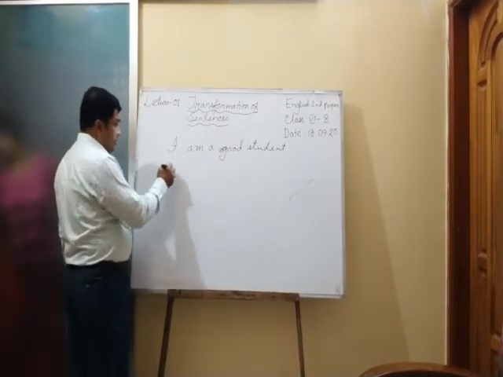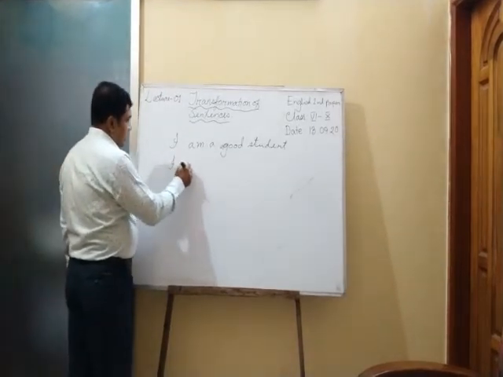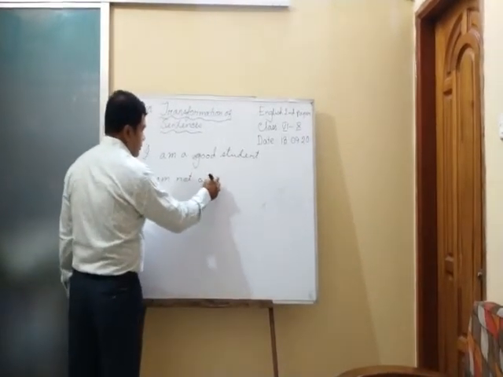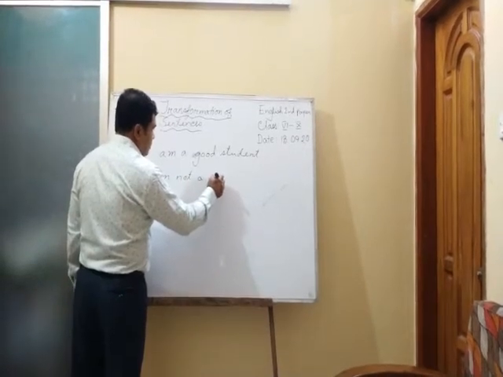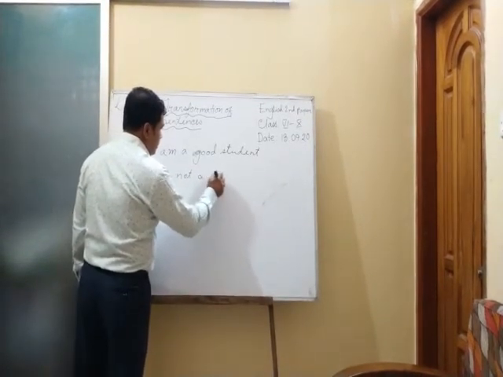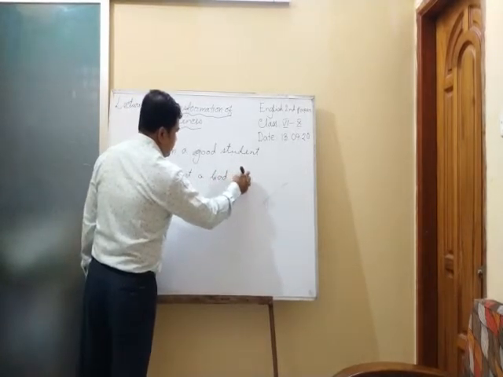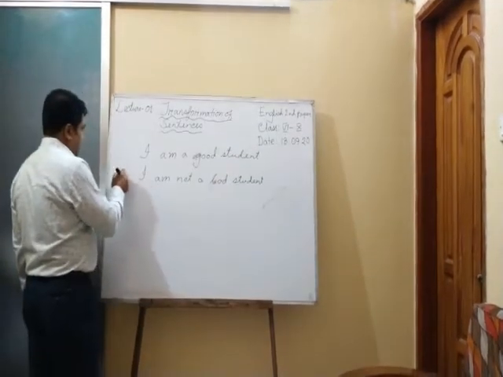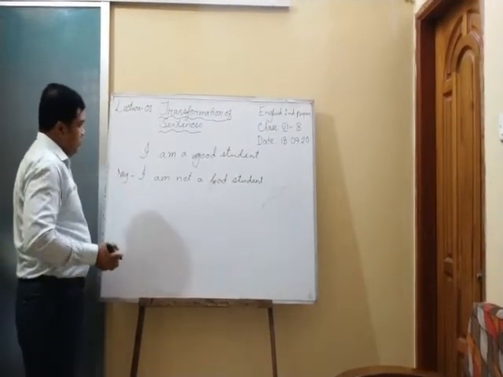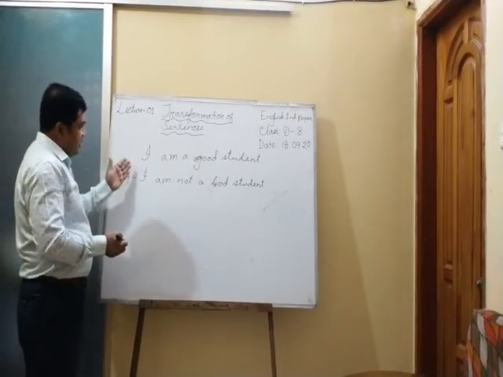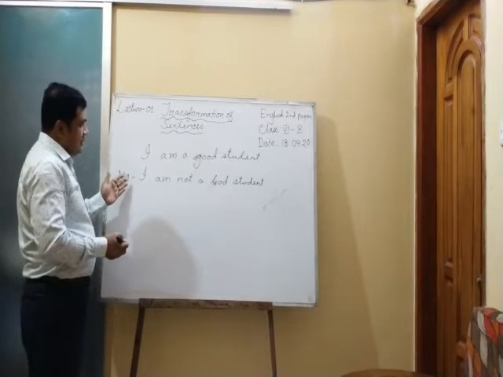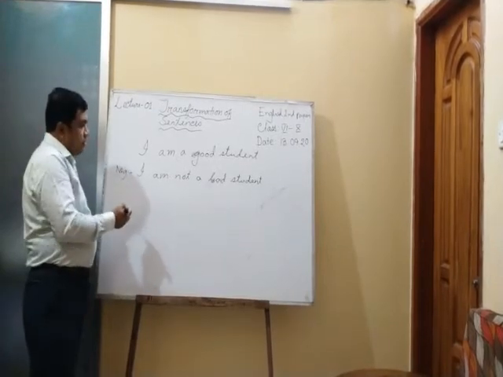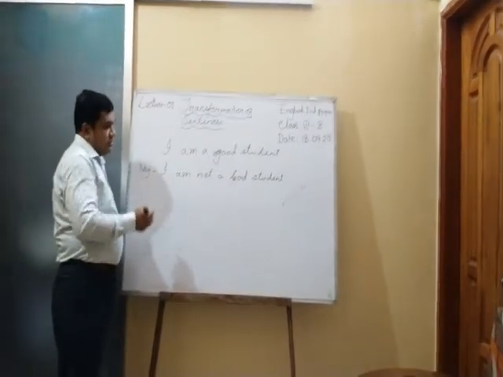If we want to make it negative, I am not a bad student. Negative. Look, dear students, both of the sentences have the same meaning, but their structures are different. So it is called transformation of sentence.